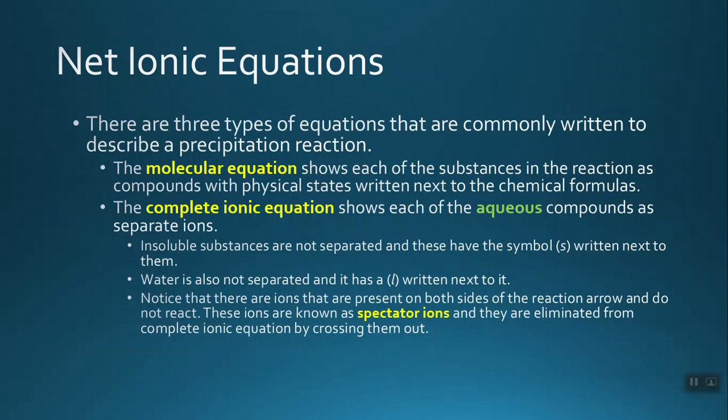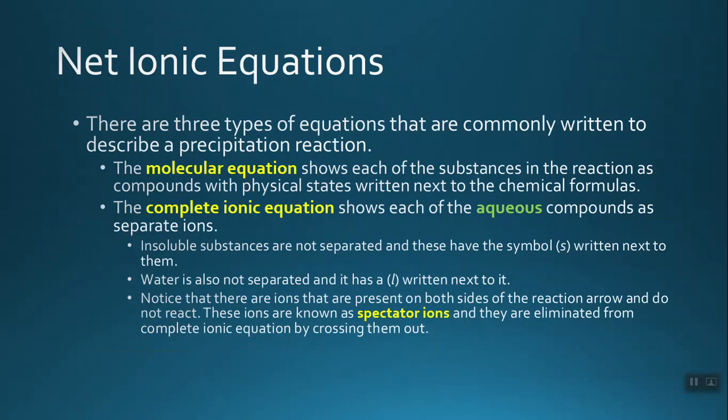The insoluble substances are not separated. We are going to write the insoluble substance, the precipitate, as a solid, so we write the symbol s next to it. And again, that does not separate. Water also does not separate, so it just has an l written next to it.